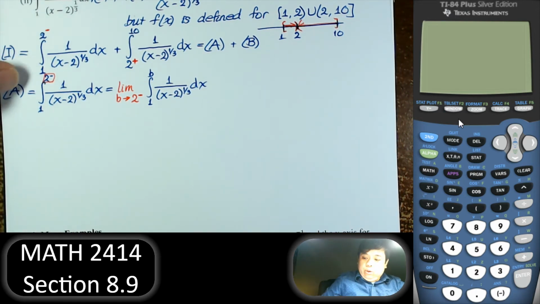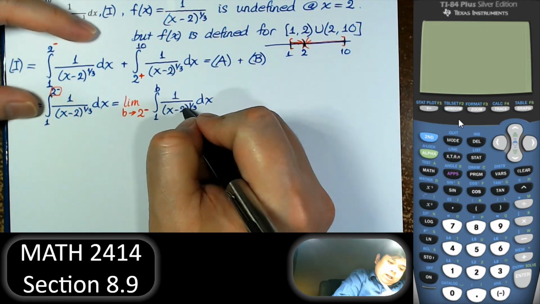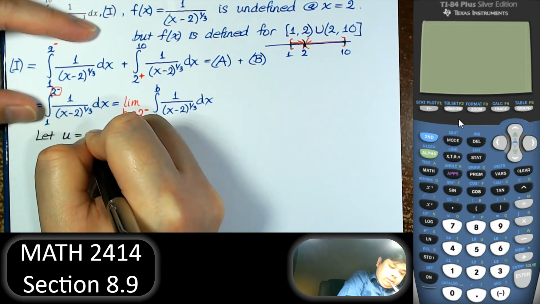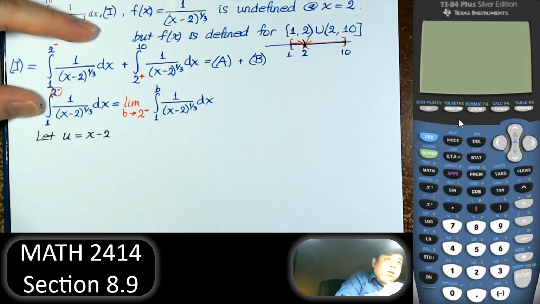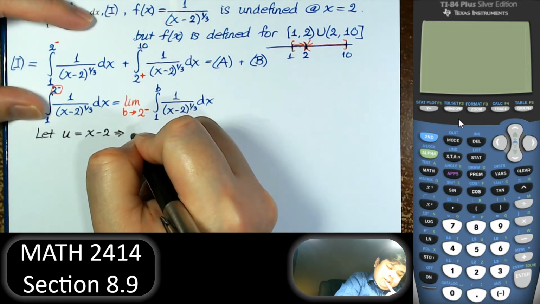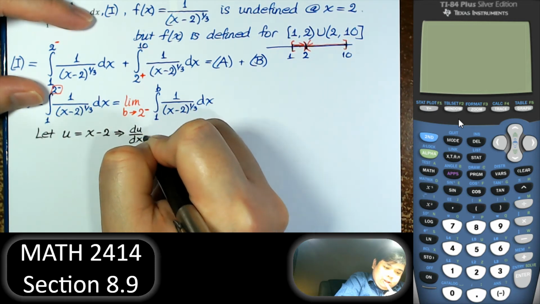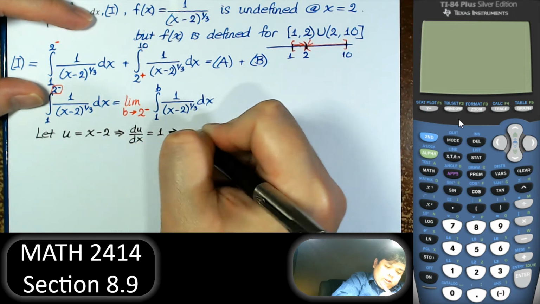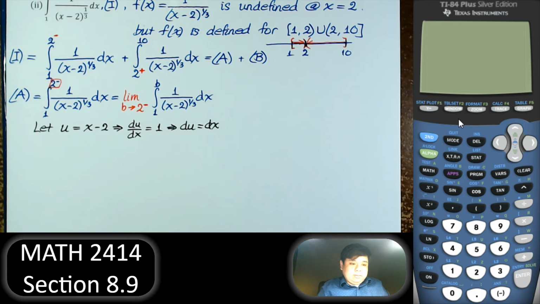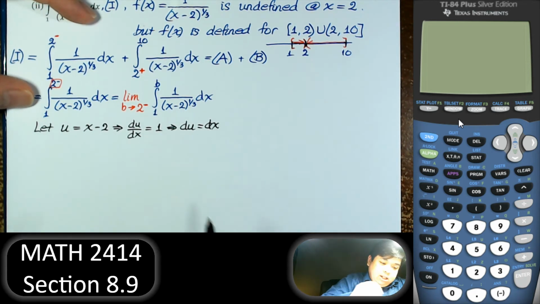Right. Now we'll do the substitution here. u equals x minus 2. So the derivative is 1, and therefore du is dx. And then the limit.